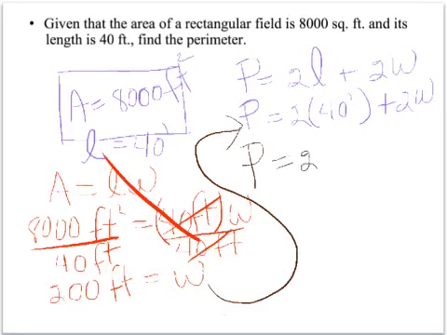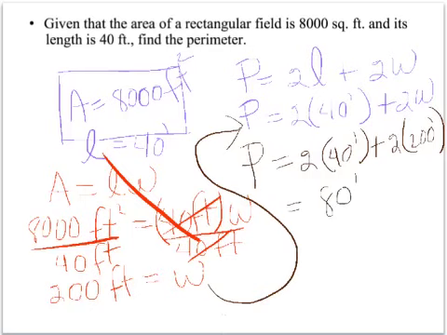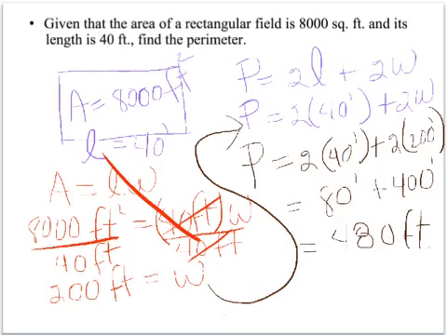So it's going to be 2 times 40 feet plus 2 times 200 feet, which is equal to 80 feet plus 400 feet, for a total perimeter of 480 feet. And let's box our final answer.